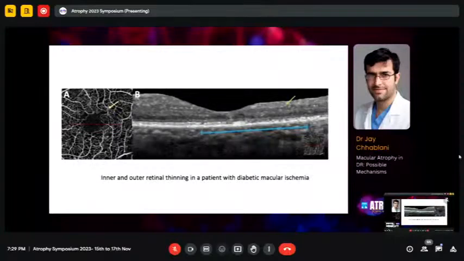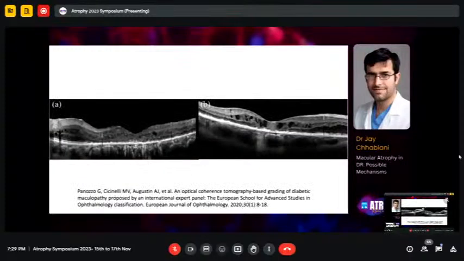As we can see in this figure, there is inner as well as outer retinal thinning in a patient with diabetic macular ischemia, as shown on OCT angio. This is one more example where we can clearly see the outer as well as inner retinal changes, and here you can appreciate the RPE atrophic changes as well as a sign we can see here as hypertransmission defects.